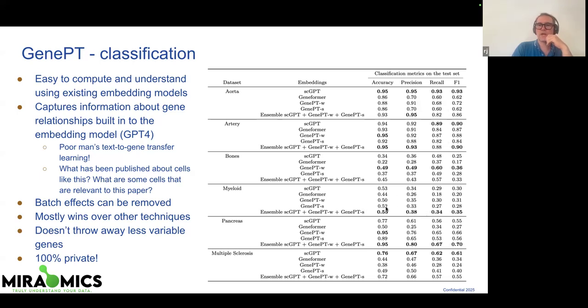And then sometimes GenePT does the best, and it does pretty significantly better than scGPT. So they're capturing different information, right? So an ensemble is a great approach because you can hopefully get close to the best of both worlds.